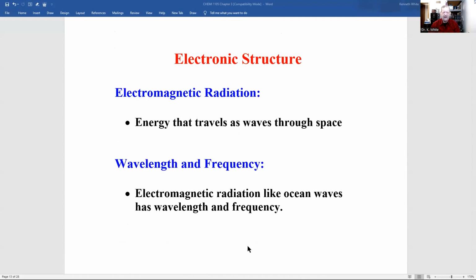Now, when we talk about electronic structures, where are the electrons? I need to talk about electromagnetic radiation. And that's energy that travels as waves through space, just like waves on an ocean or Lake Michigan. And waves have wavelengths, how far apart they are, and how frequently they come in.